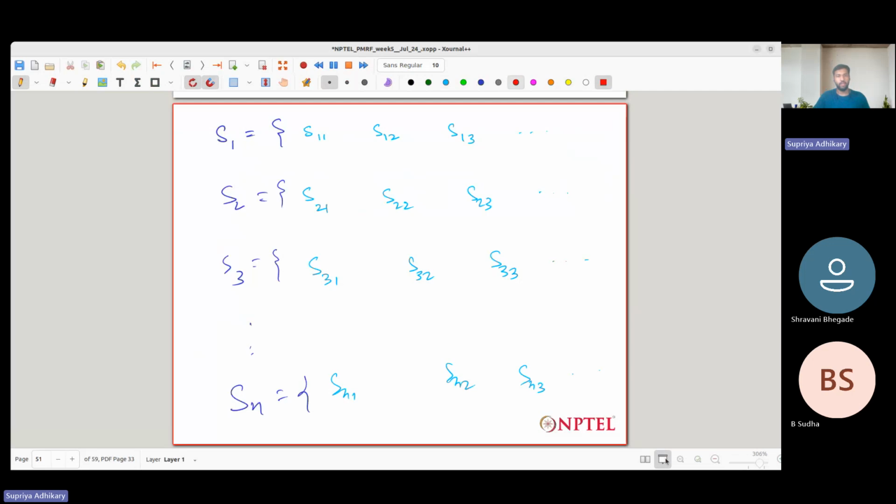Now, if we take the union of all these elements, how can we label them? The process of labeling is in this way. We start in this diagonal, and then we go to the next diagonal, and we write down all the elements in each diagonal, and so on.